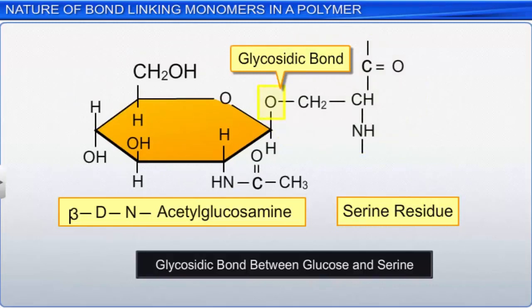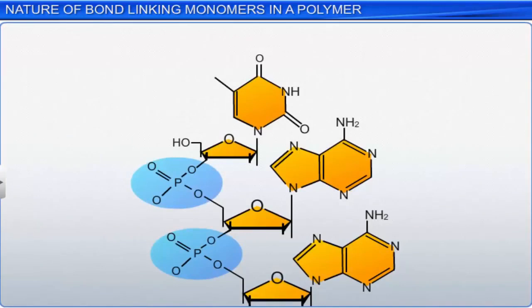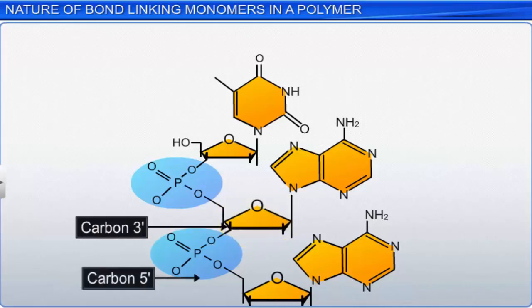The bonding in nucleic acids is different. Here, the 3' carbon atoms of one sugar of a nucleotide are linked to the 5' carbon atoms of the sugar of the succeeding nucleotide by a phosphate moiety. The phosphate and hydroxyl groups of sugar join to form an ester bond.